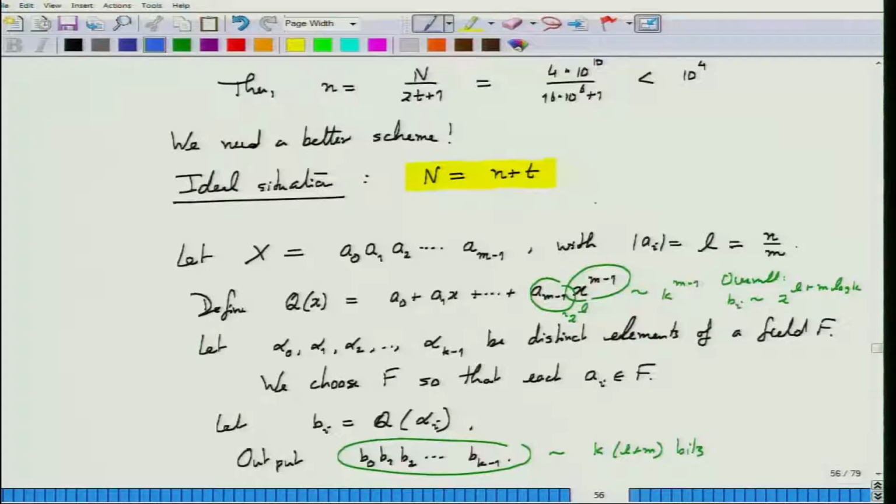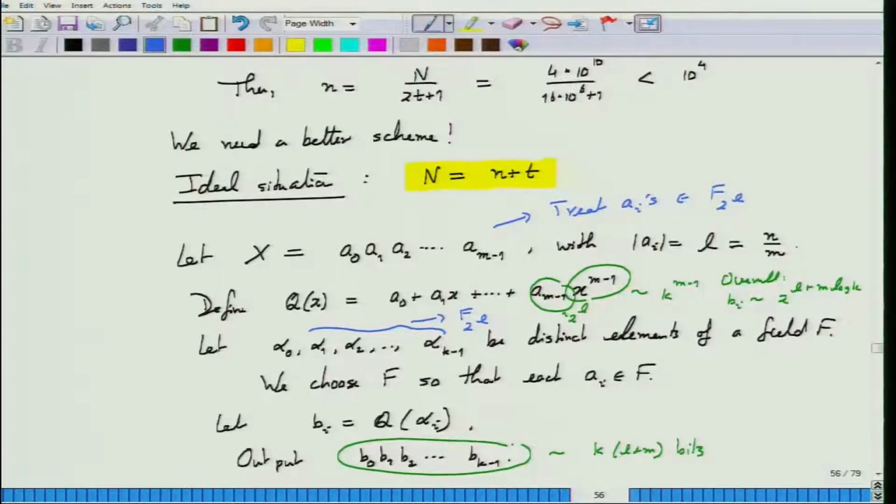So we treat a_i's in F_{2^L}, and these will also be in F_{2^L}. But here the important point is that we need k distinct alphas. So 2^L must be at least k. That's important. So L can't be chosen very small. We have to choose L large enough so that it is at least k.